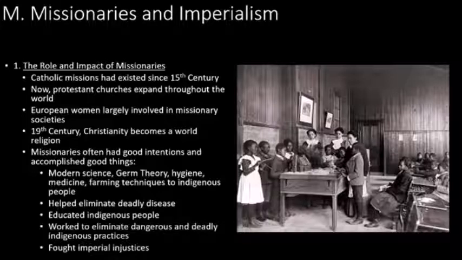They're going to stand up to their own governments to gain rights, not privileges, but just rights in general, for indigenous people in colonies. So in a lot of ways, the missionaries are going to stand up for these people when European governments start to clamp down on them.